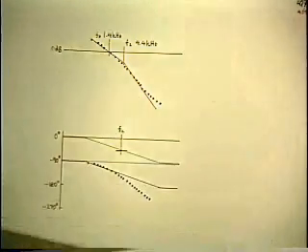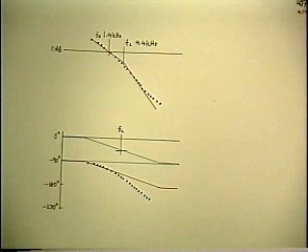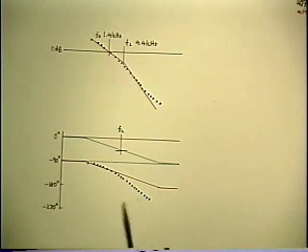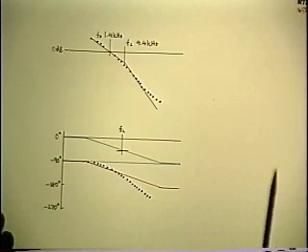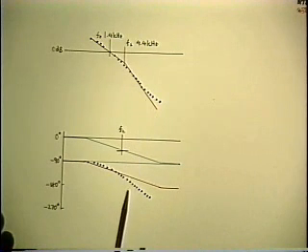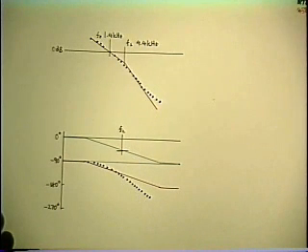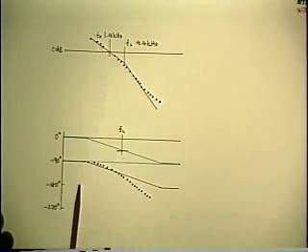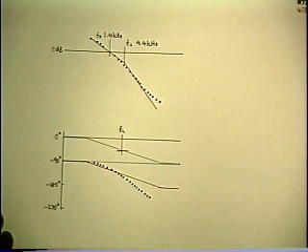Well, unfortunately, when you look at the corresponding phase measurements, you see that's not correct. The 0 is giving an additional phase lag, not lead. So in fact, you're using up some phase margin instead of getting some more.